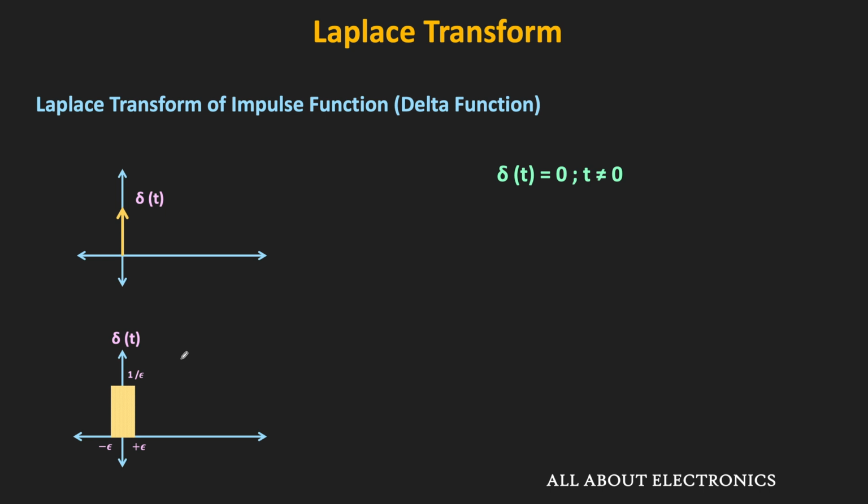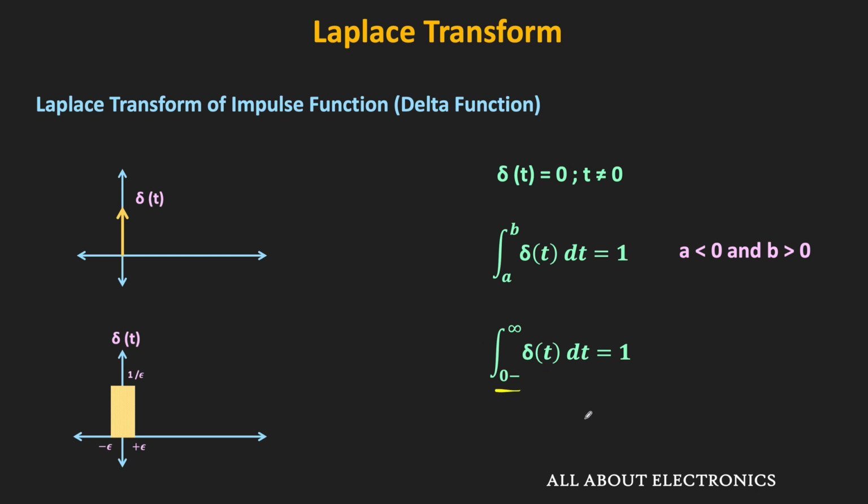If we integrate this impulse function, then the integration will be equal to 1. Here we are assuming that a is less than 0 and b is greater than 0, meaning this integration is carried out around the origin. Or further, we can extend these limits from 0 minus to infinity, where 0 minus indicates the time just before t equal to 0.